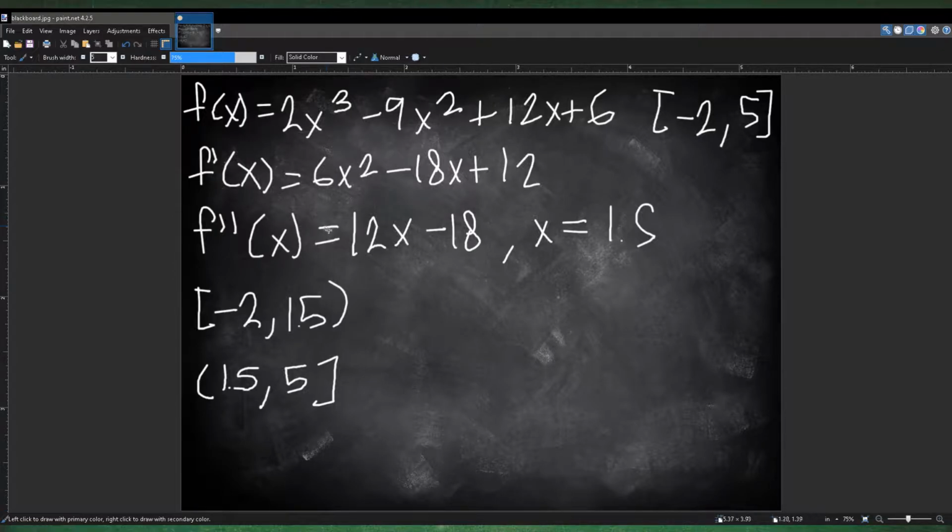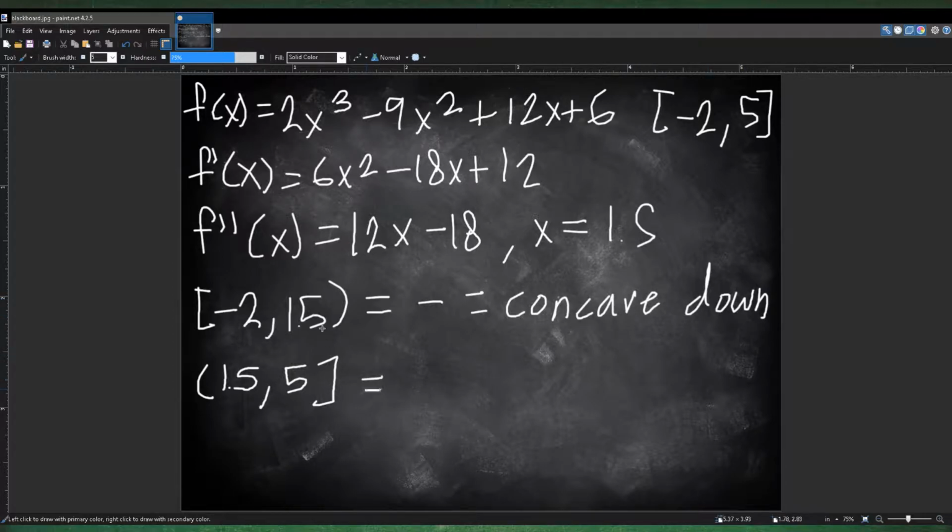So we put in 0, we get 12 times 0, which is 0, and then 0 minus 18 is -18. So that's negative. So in this interval it is negative. As we said, if the graph of the second derivative is below the x-axis, then it's going to be concave down at that point. So from -2 to 1.5, it is concave down.